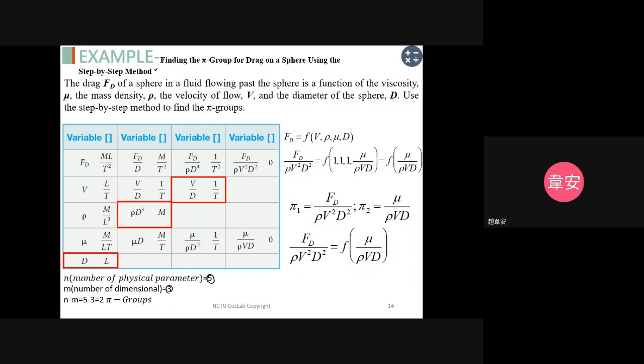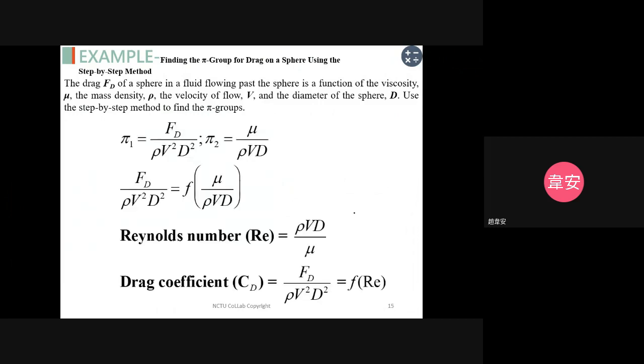So for this problem, we will have two pi groups, and based on this dimensional analysis, finally we know that the drag coefficient is a function of the Reynolds number.